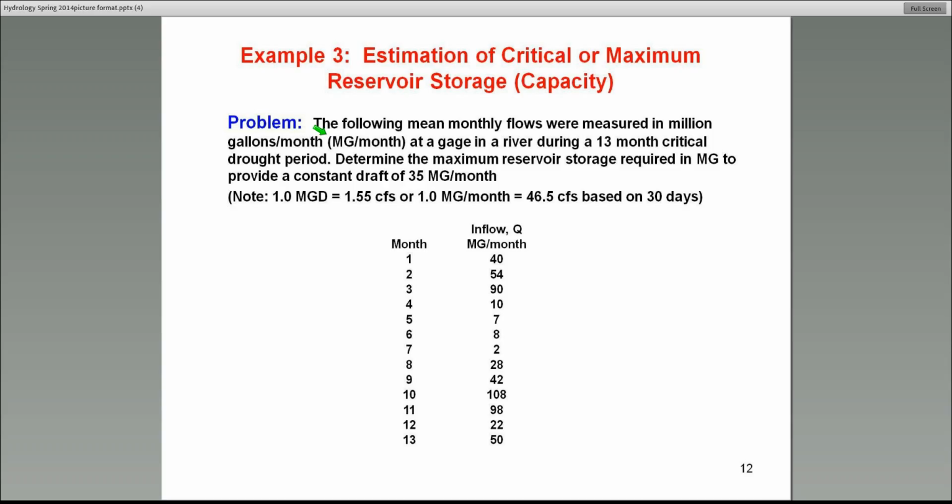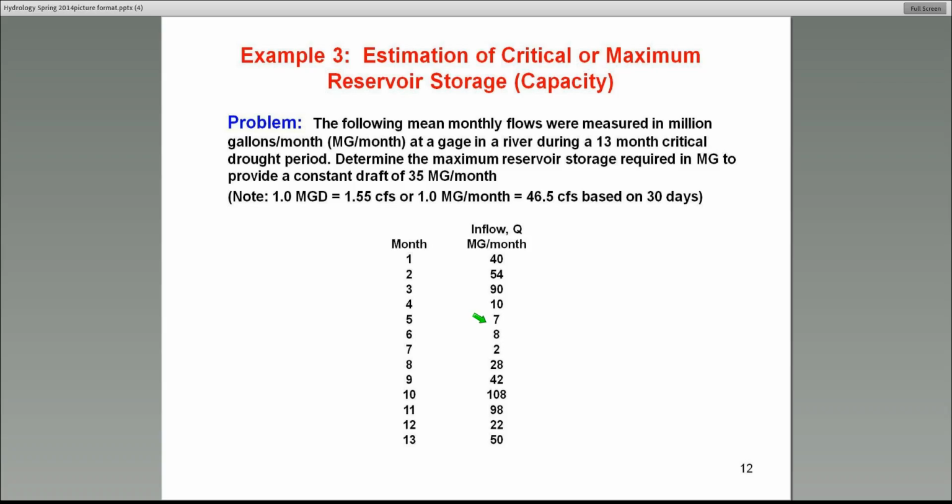So what we're trying to do here is you got a flow system coming in as you're located on a longer stream. Notice in some months you have water more than what you demand. The demand is 35 mg per month. But there are periods right here during low flow periods where the inflow is much, much less than what you're demanding.